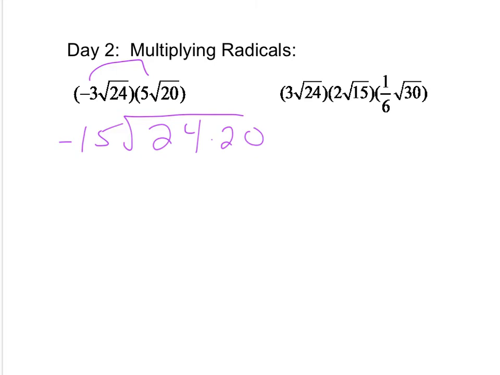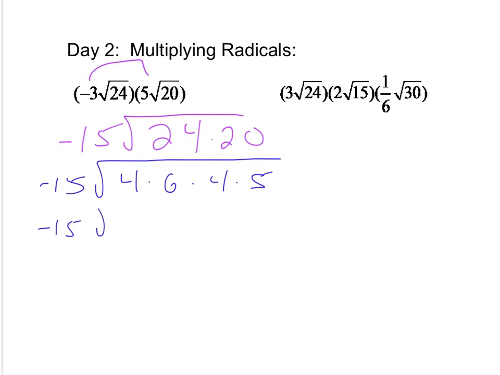So I'll do this in blue here. I have negative 15 times inside the radical now. 24 is 4 times 6. 20 is 4 times 5. So basically what I have here is negative 15 times root 4 times root 6 times root 4 times root 5.